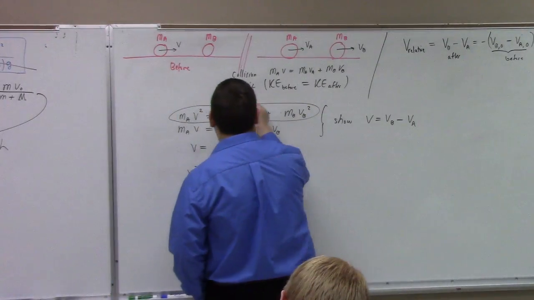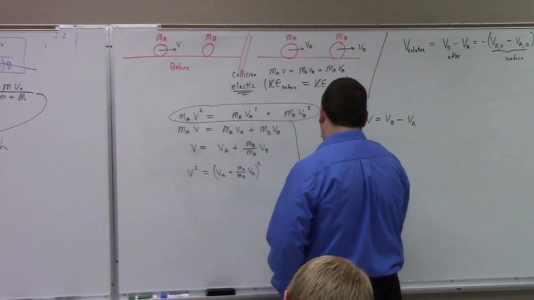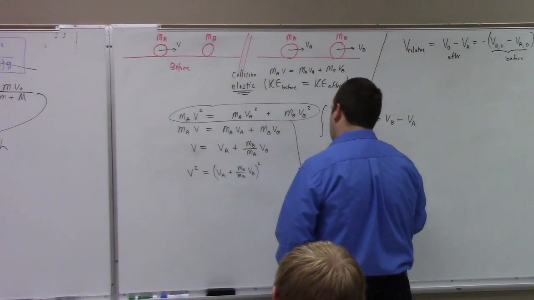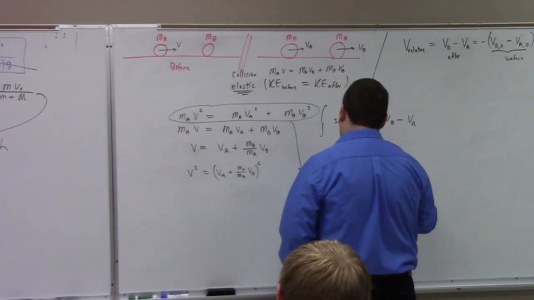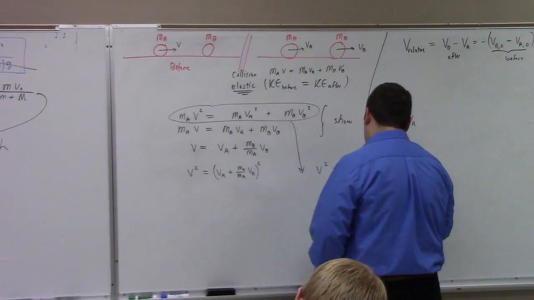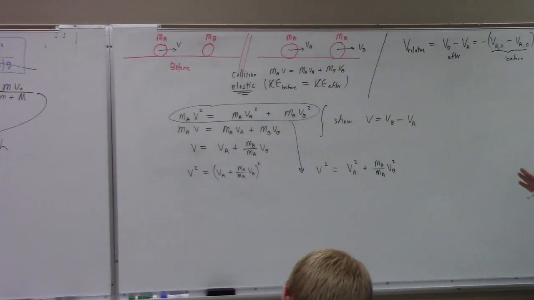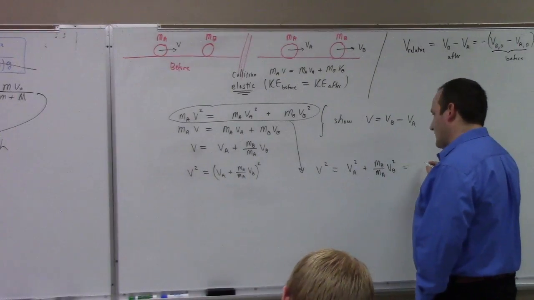And let's take the kinetic energy equation and simplify it a little bit. That's really v squared equals what? VA squared plus MB over MA VB squared. Right? So now I've got v squared, I've got v squared, so I can equate these. What does this give me? V squared equals v squared.